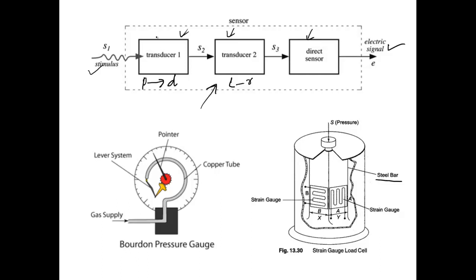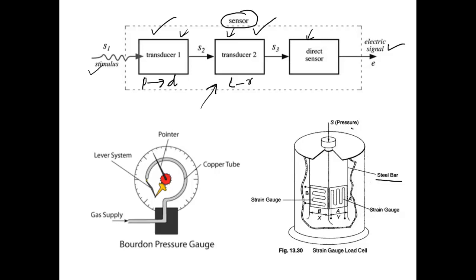So the steel bar itself is acting as a transducer, and then this deformation is converted into a change in the resistance of the strain gauge, which is finally converted to an electrical signal, or can be taken up in the Wheatstone bridge. So again, we have another transducer, a couple of transducers completely making it a sensor for strain measurements.